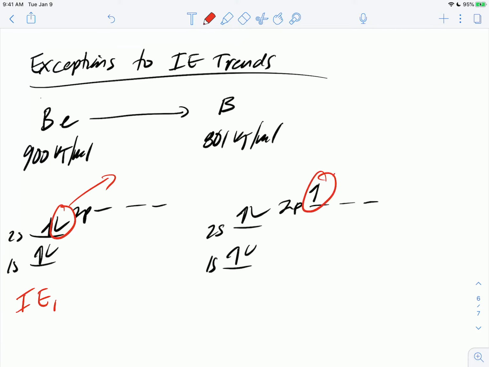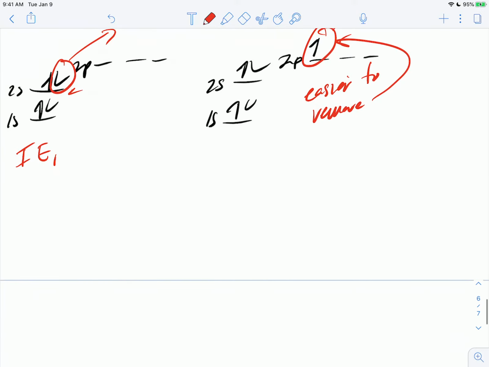This is IE1 for boron. And so what's the difference? This electron is easier to remove than this electron.